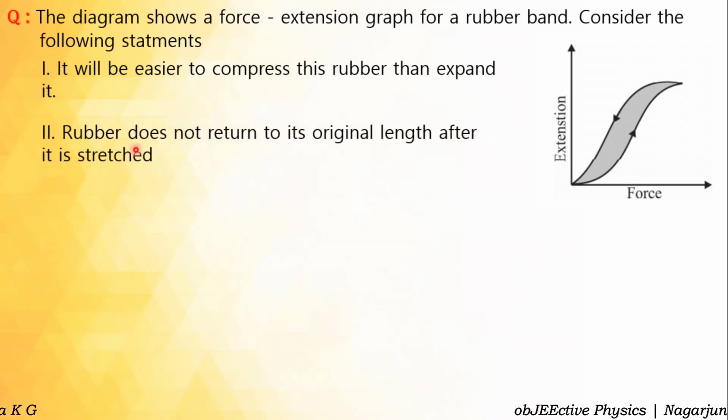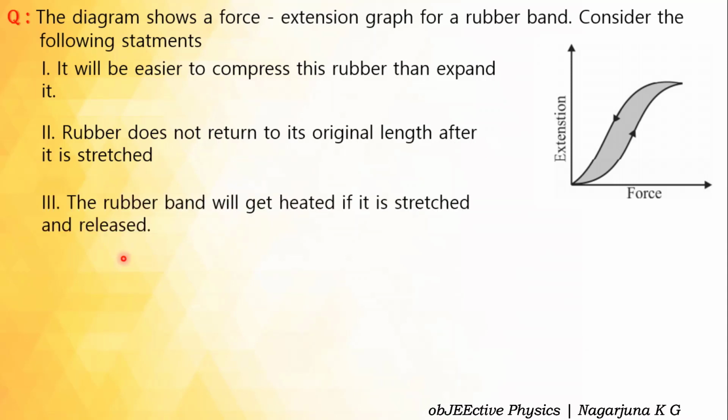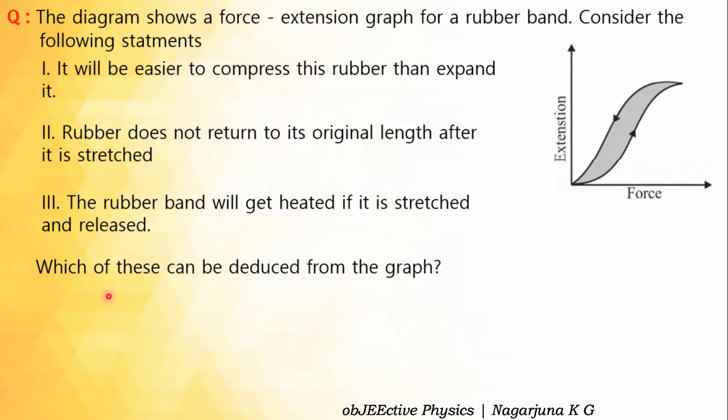Second statement, rubber does not return to its original length after it is stretched. Statement 3, the rubber band will get heated if it is stretched and released. Which of these can be deduced from the graph?